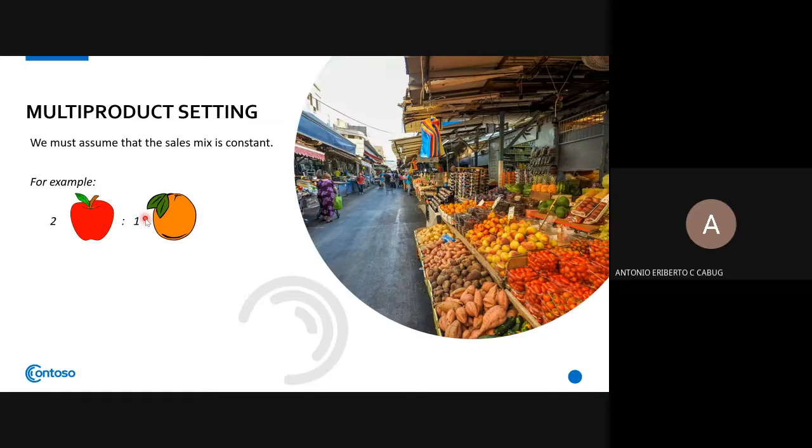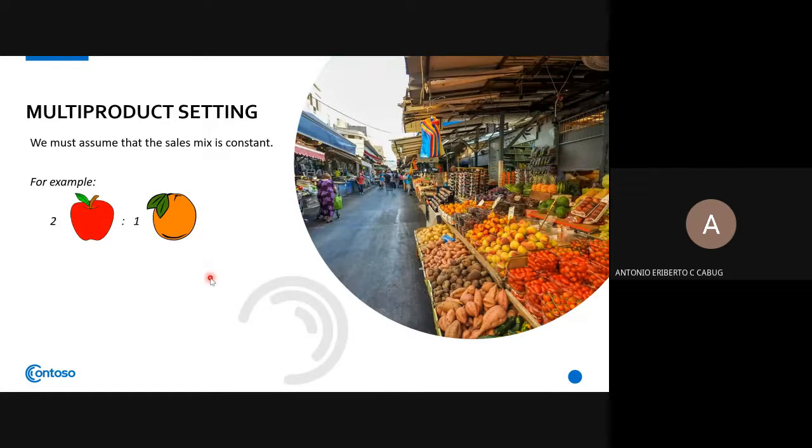For every two apples that you sell, nakakabenta ka ng isang orange. So if you're selling, let's say in a day, 3,000 fruits, 3,000 yung nabebenta mong prutas sa isang araw, 2,000 doon apple, 1,000 doon ay orange. Malinaw? Okay, we call that the sales unit mix.